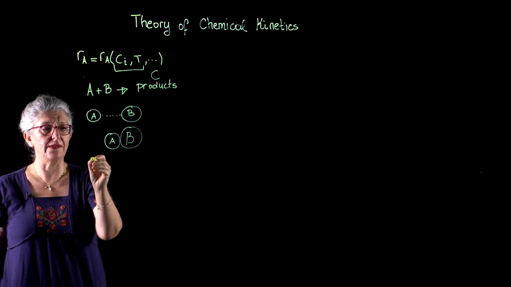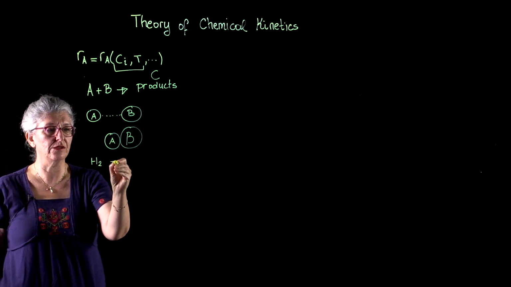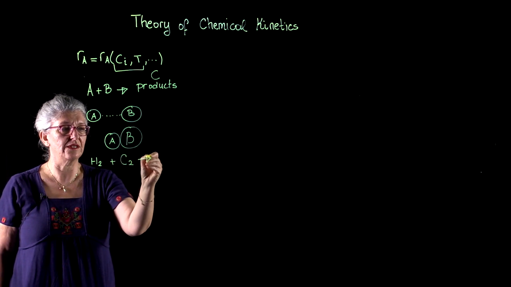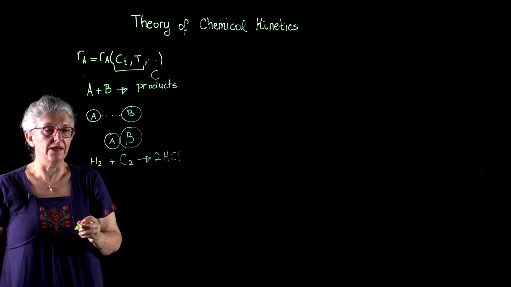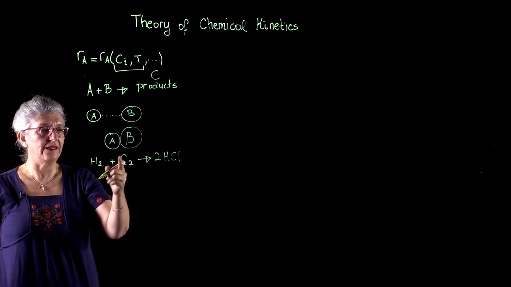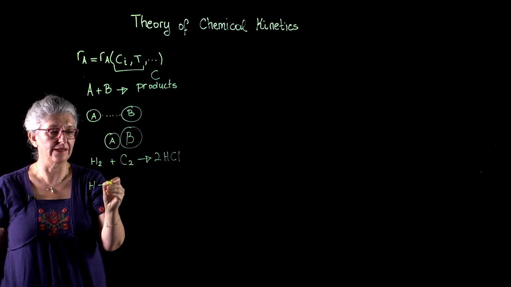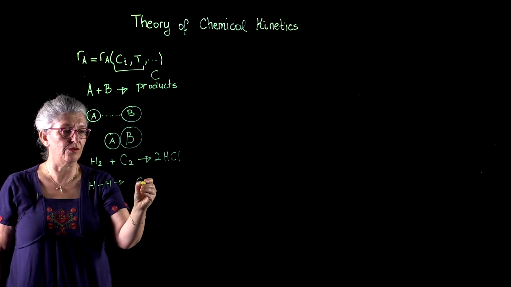Giving the example, let us take molecule A as the hydrogen molecule, molecule B as the chlorine molecule, and our intention is to produce hydrogen chloride. Now, when hydrogen and chlorine collide, we anticipate that they collide with the correct angle.